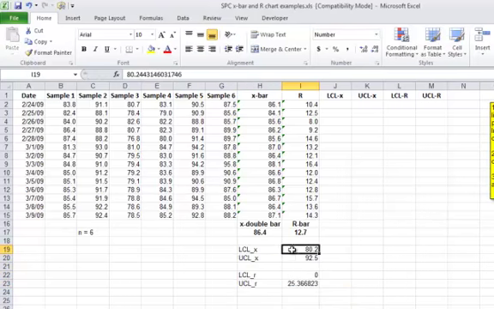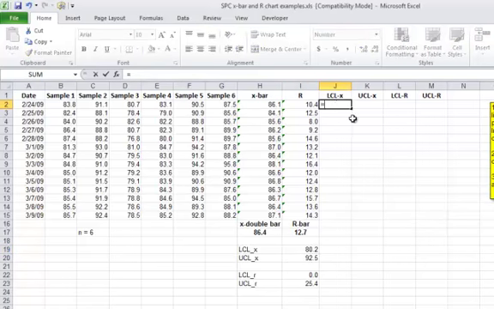Okay. And I'll shrink these down a little bit. So those are my upper and lower control limits, and I can create charts using these by saying, here's my lower control limit for X, and here's my upper control limit for X. Here's my lower control limit for R, it's 0.